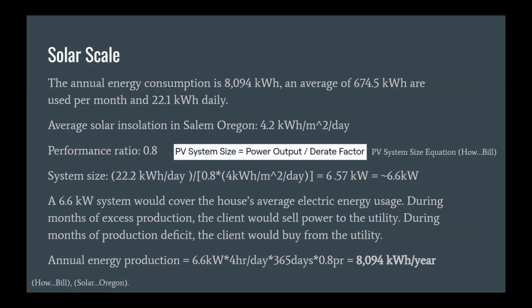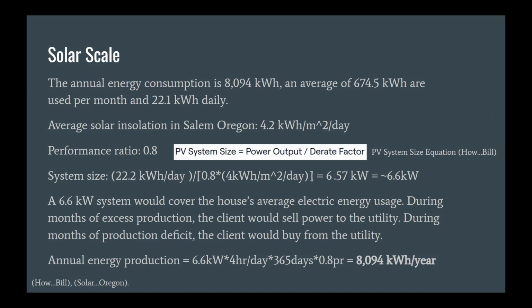Next to that, you can see the PV system size general formula that we can use. Using that formula, I plugged in everything that I needed, including the performance ratio, the kilowatt hours needed per day, and the Salem 4.2 rounded kilowatt hours per meter squared per day. I got around 6.6 kilowatts. This 6.6 kilowatt system will cover the house's average electric energy usage.